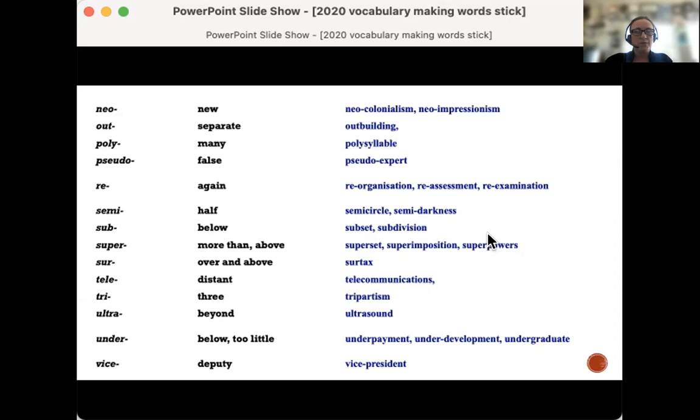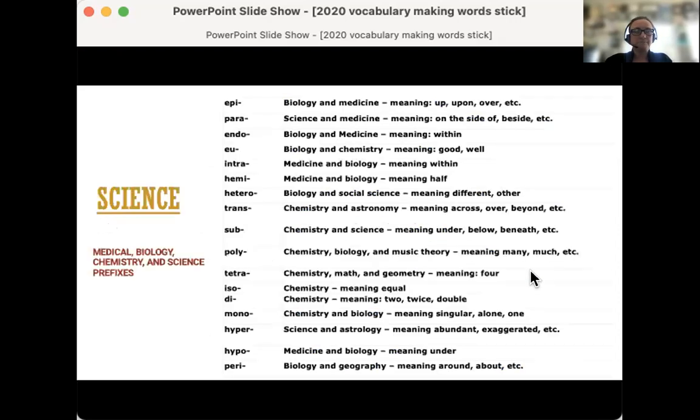Like if you know what a superpower is, then you should be able to figure out what superimposition means, because you know super means more than or above. That's another example of not just remembering words in isolation, but connecting them by their meaning parts. We all know what superpower is, but do we know what superimposition is?